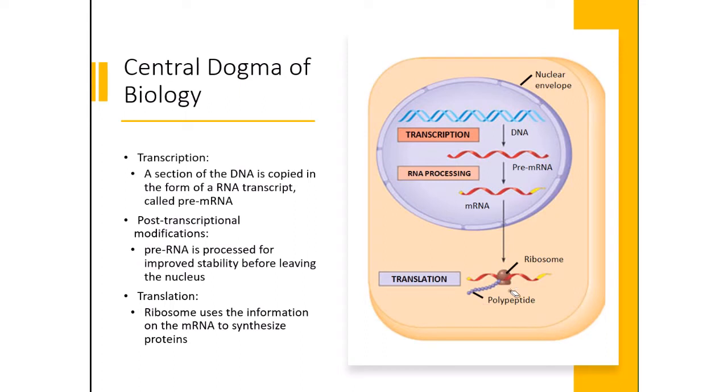Once it gets into the cytoplasm, you can use that instruction to make proteins, and the organelle responsible for doing that is the ribosome, in a process called translation. So from DNA, it goes to RNA, and then it goes to protein. That is the direction of the flow of information in a cell.